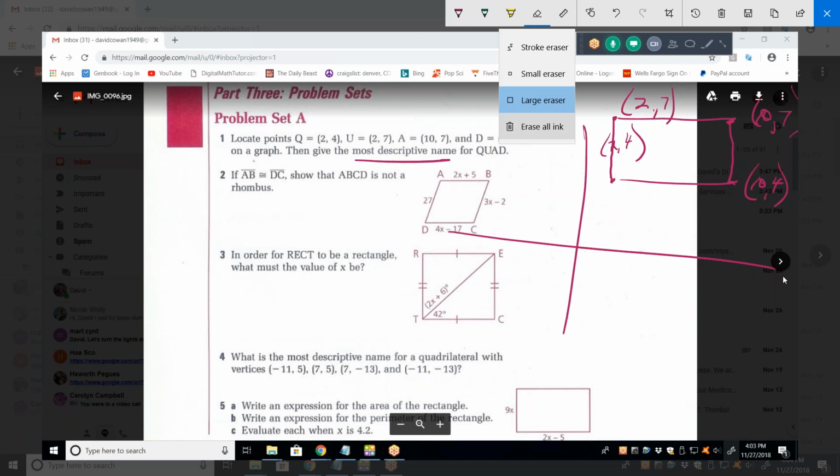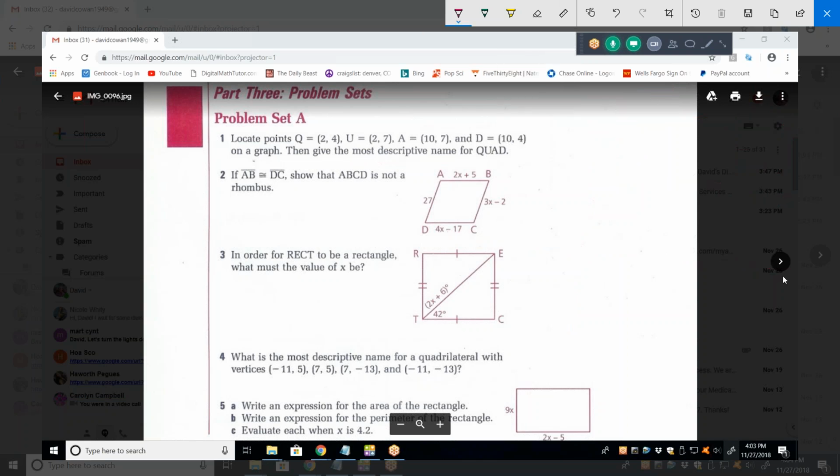And then number 2. All right. Okay, so we have AB congruent with DC. So let's see what that allows us to do. What can we do from that? 2x plus 5 equals 4x minus 17.